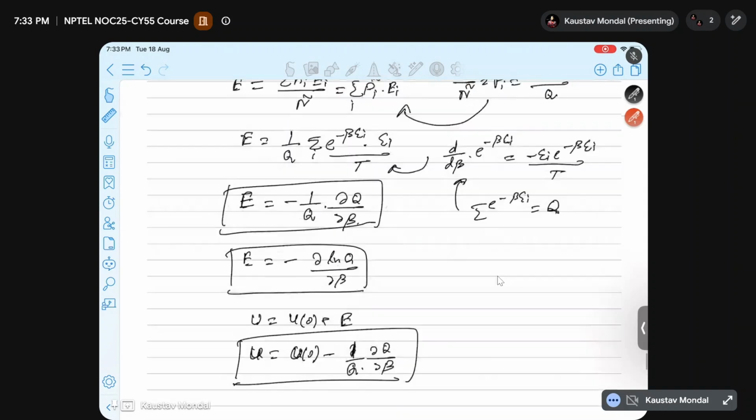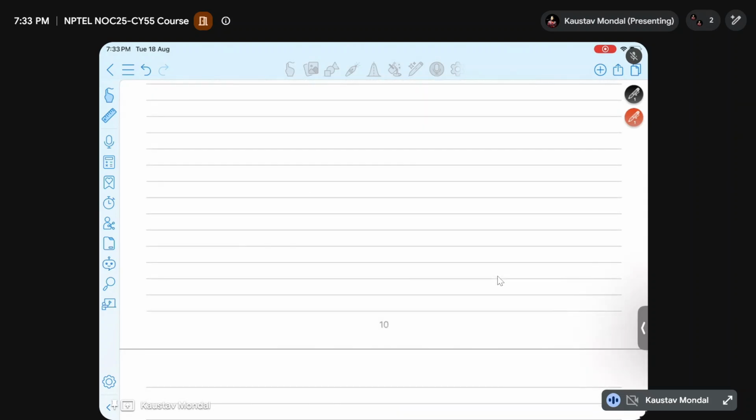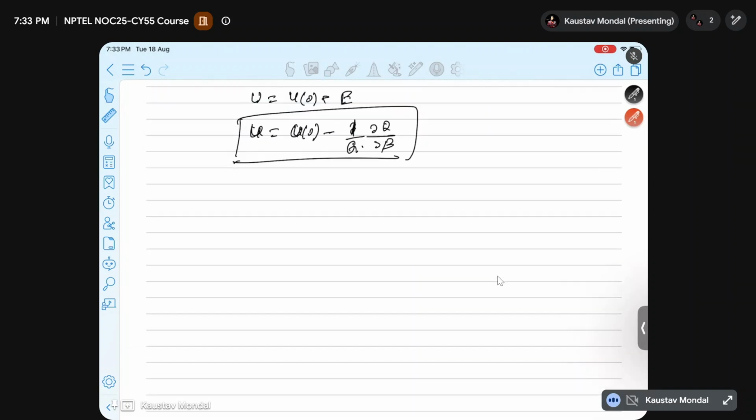Okay, so now the next thing is the entropy. The entropy is the same way. So here the entropy looks like this. S is equal to U minus U0 by T plus k ln Q. Okay.